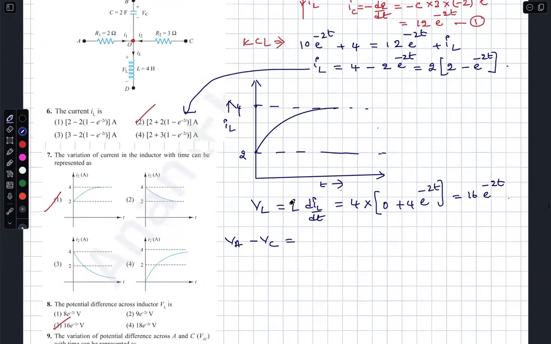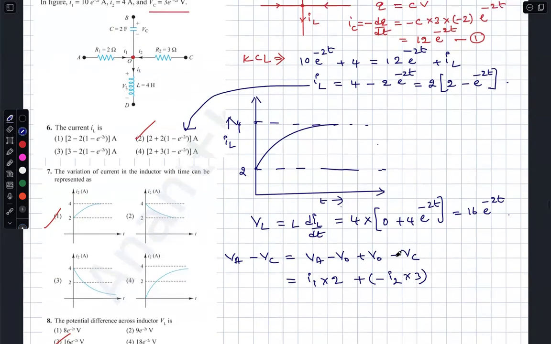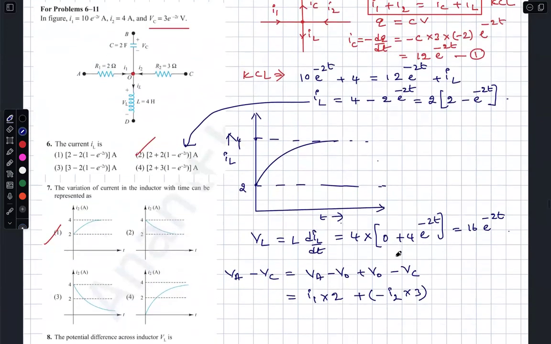It is nothing but VA minus VO plus VO minus VC. VA minus VO is I1 into 2, plus VO minus VC is in the opposite direction, so you get the current minus I2 into 3.